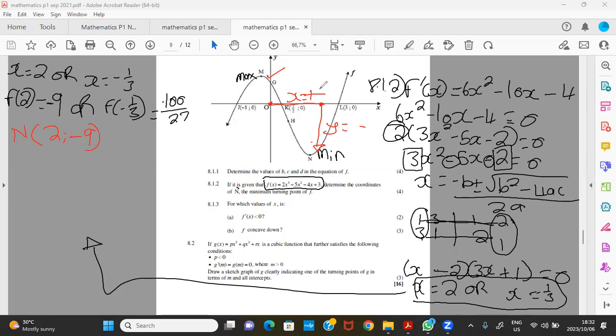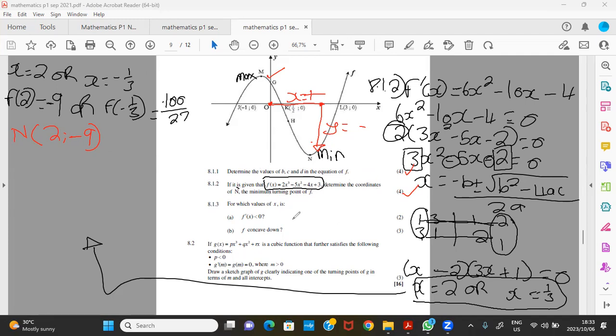So already it makes sense. Here you just have to be rational with it. Just think about it, it's not that difficult. So we get our coordinates for n, which is 2 and negative 9.